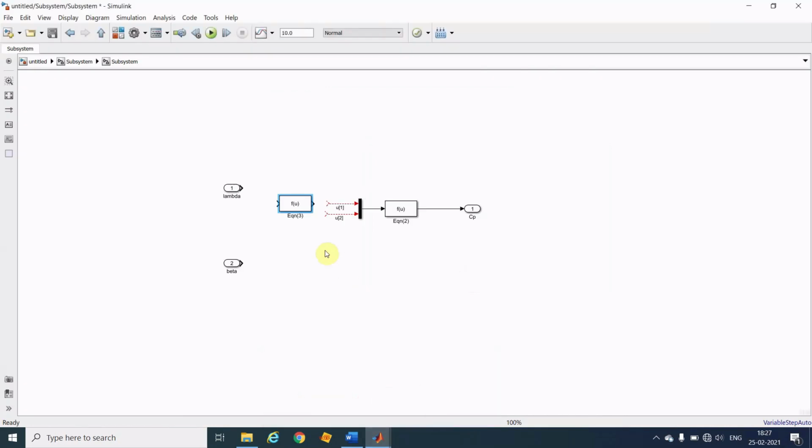Okay, so here also see two signals are coming. So take a mux. Okay, here u1, u2. I'm writing like that, okay, because otherwise it will not be saved.